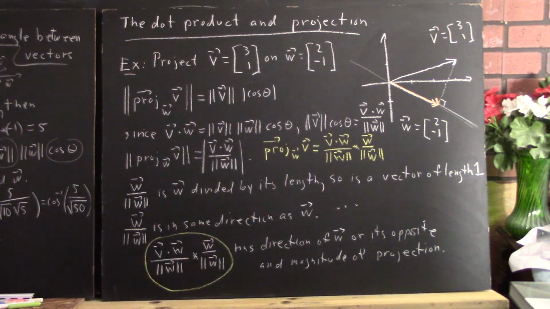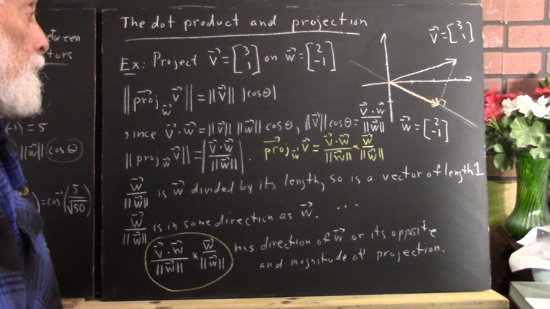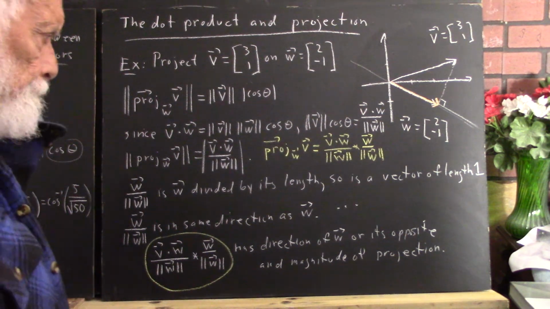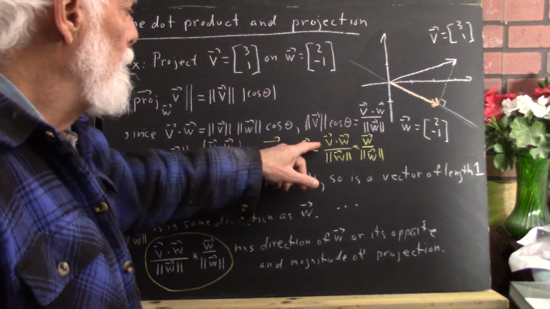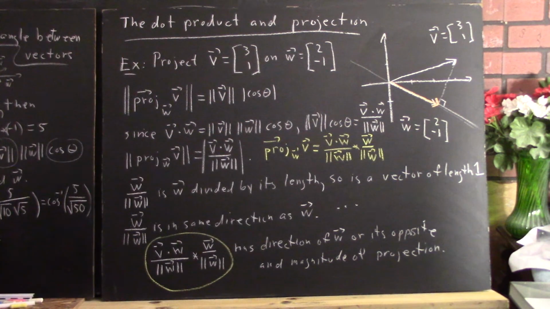In this case, and I'm looking for room to do this now, V dot W is 5.